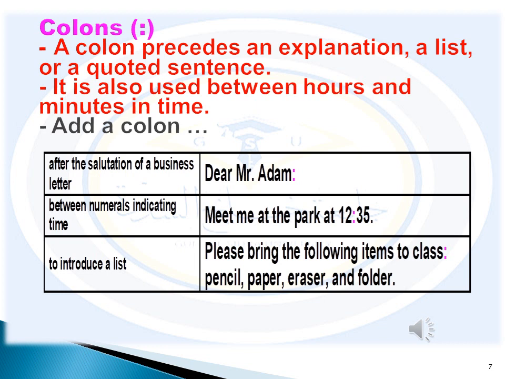We think of a colon as preceding an explanation, a list, or a quoted sentence. We say a quoted sentence, جملة مقتبسة. A colon precedes an explanation, or a list, or a quoted sentence.